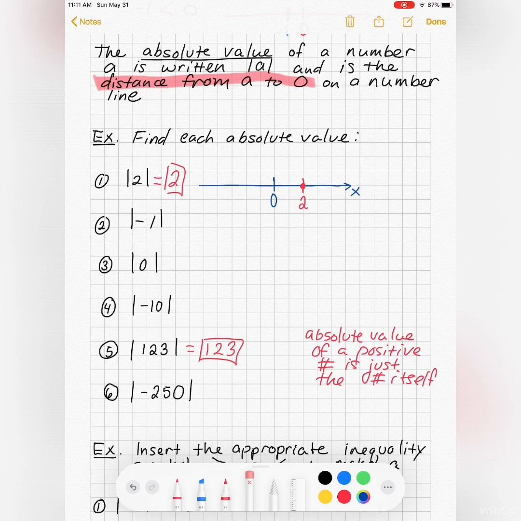Okay, it's only more interesting if I have, say, negative numbers inside. But even then, it's still not really too difficult. So I can still use my number line. So if I want to find the absolute value of, say, -1, let me do another little number line here.